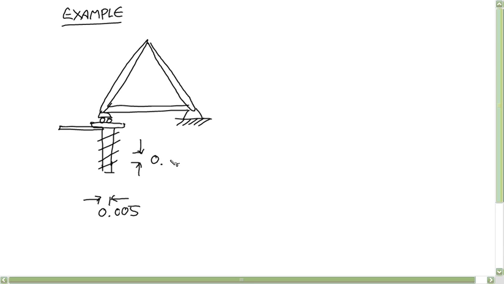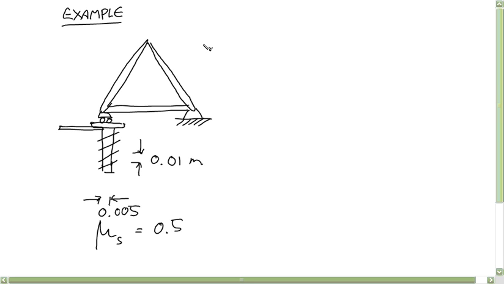The lead is 0.01. And the coefficient of static friction for this screw is 0.5.